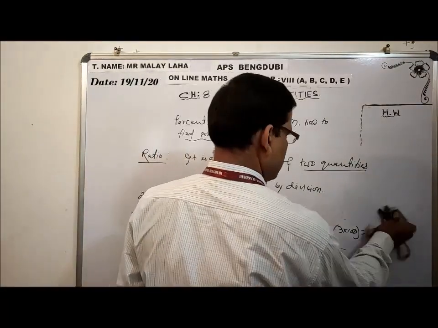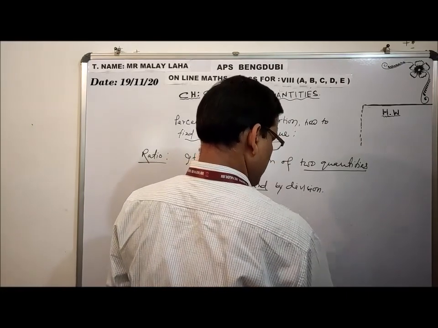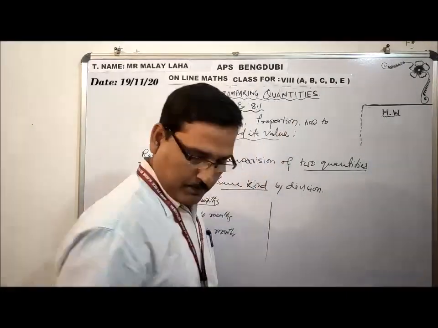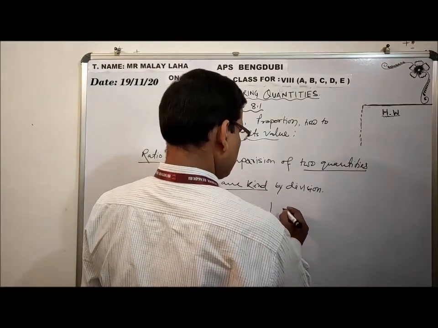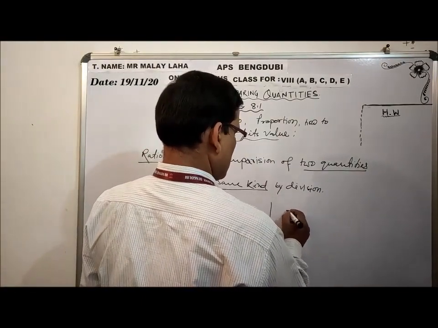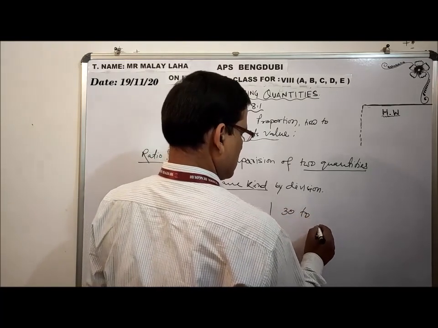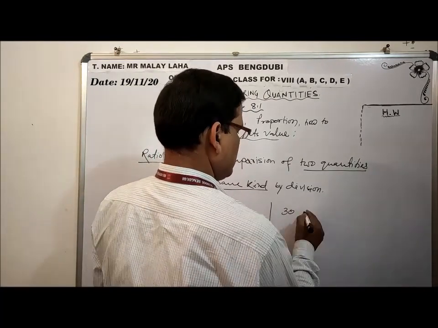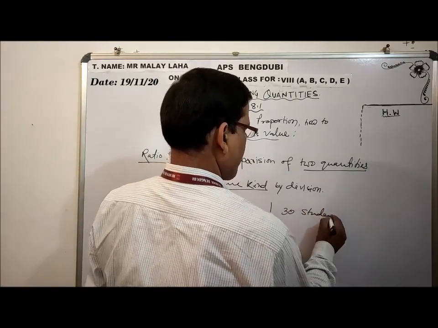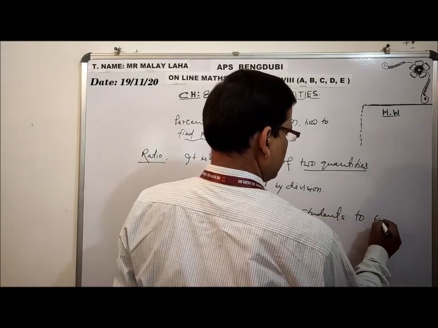Okay, 6:1. Understood? Now another situation I am telling you. Sometimes students and also some other people don't consider the kind. Say I consider 30 students to 6 benches.